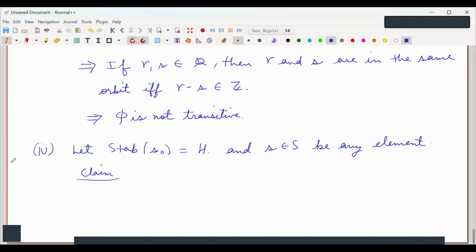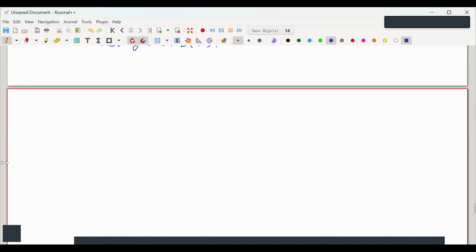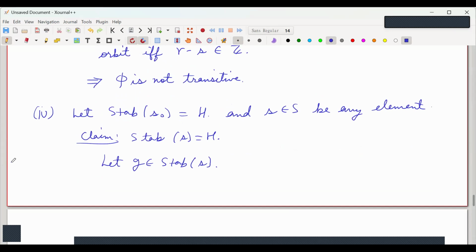The claim is the stabilizer of s is also H. We need to show that g belongs to H also. And what is H? H is the stabilizer of S naught. So then we want to see g of S naught, right?